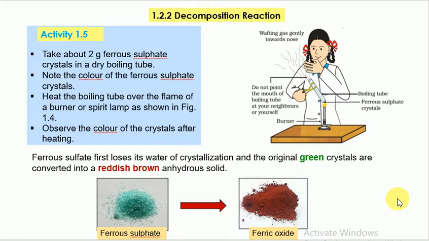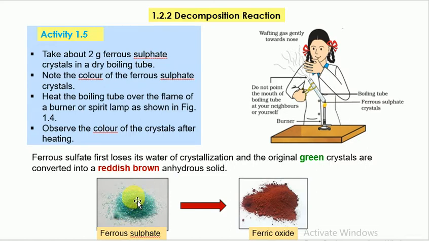The other one is decomposition reaction. By the word you will understand that something is decomposing here, meaning it is breaking down. Activity 1.5 is given in your textbook, in which 2 grams of ferrous sulfate crystals are taken in a dry boiling tube. The color of ferrous sulfate is green.